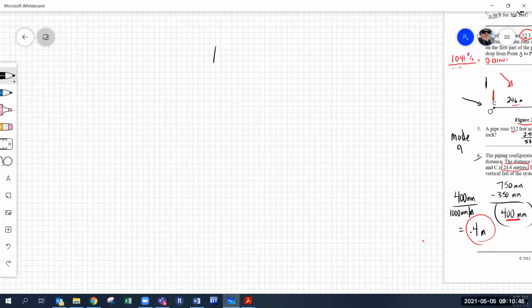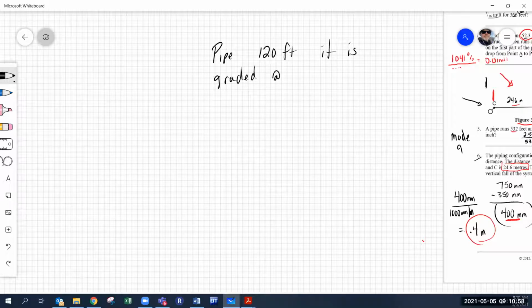So I have a pipe that runs 120 feet. It is graded at 1/8 of an inch per foot.